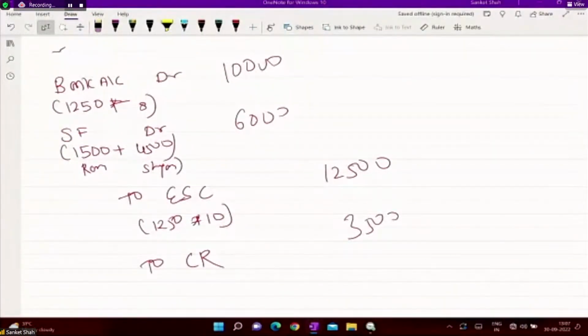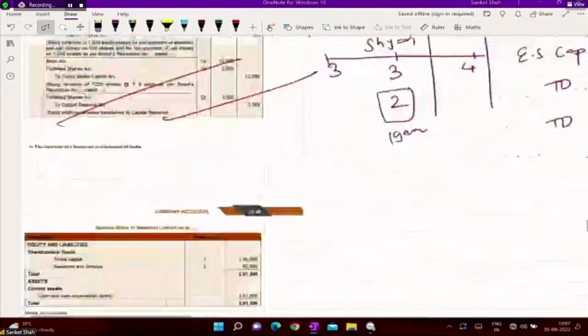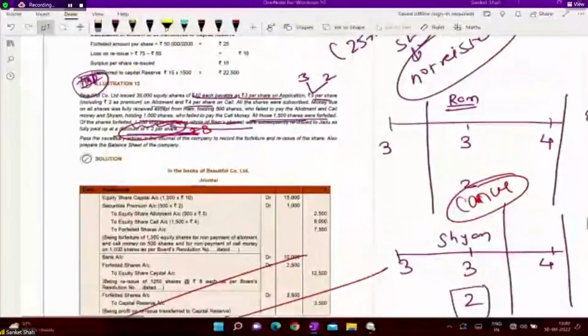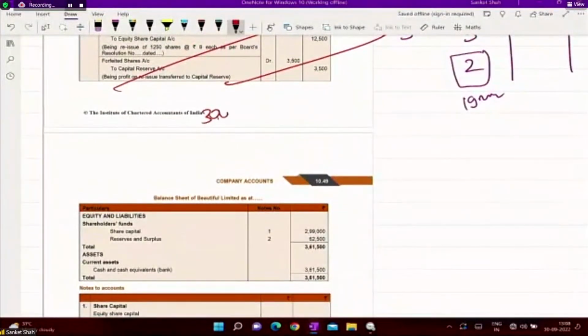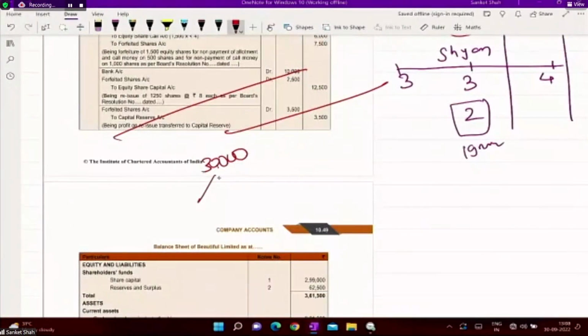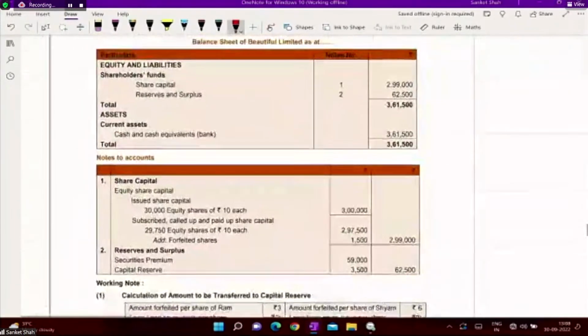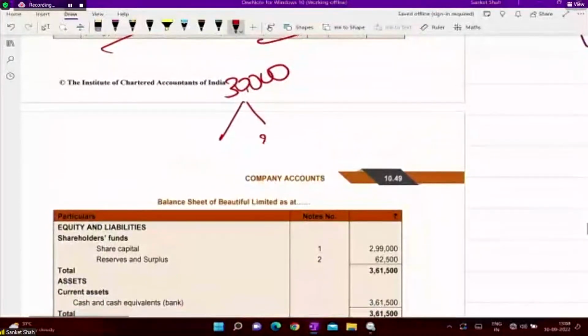And bank account debit, shares forfeited account debit, to equity share capital, to capital reserve. Balance sheet. See beta, in the balance sheet, out of 30,000 shares, only 250 shares are now not reissued.